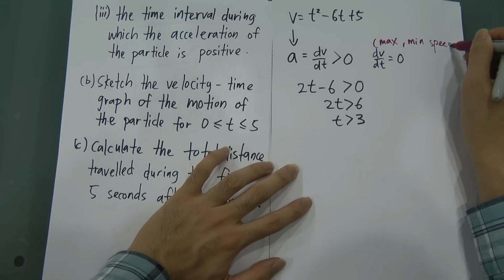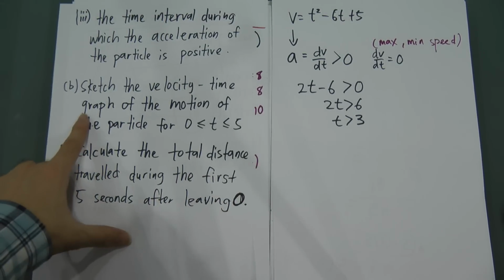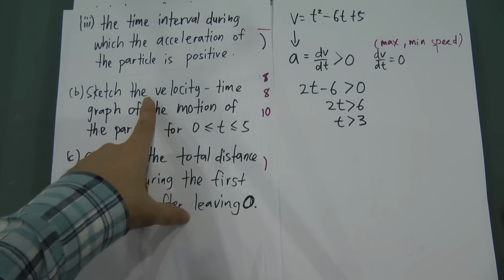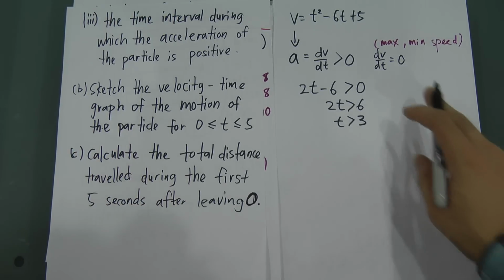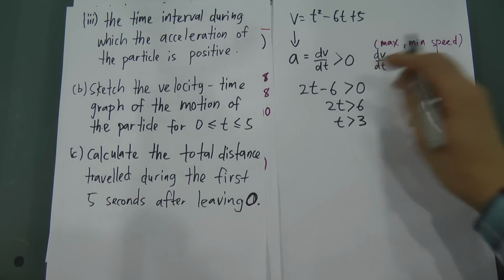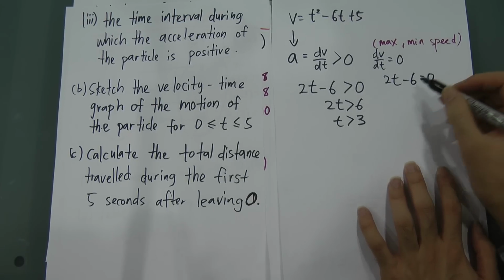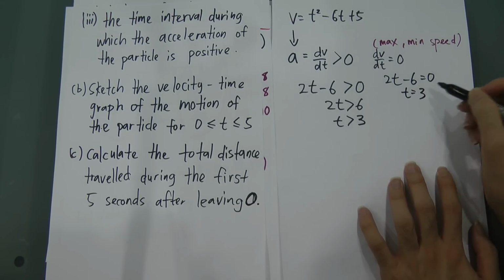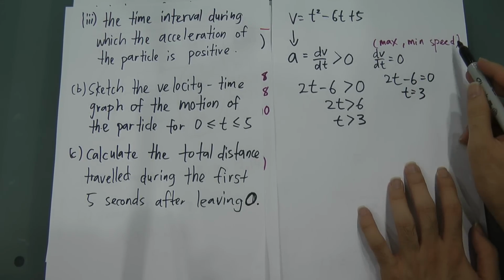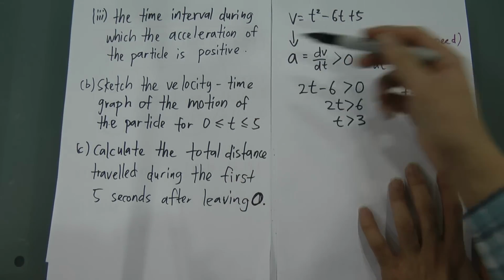At the same time I find it, because in part B he asked us to sketch the velocity-time graph. So 2t minus 6 equals 0, same thing, t equals 3, and then I want to find the maximum or minimum velocity, because in part B, the graph, we are going to use this.